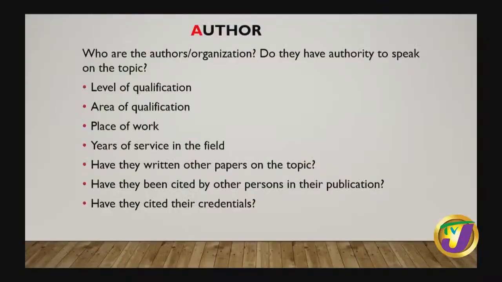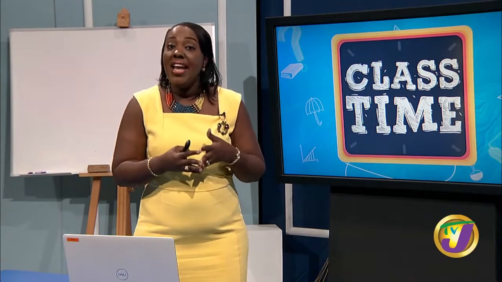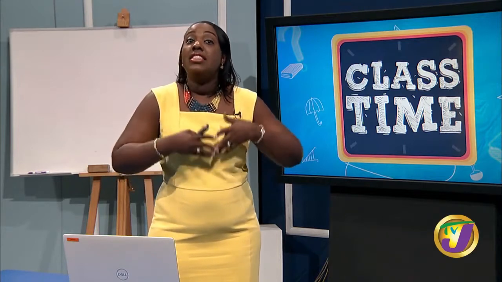And then we're on to our first A in TARP, the author. What do I mean by the author? I want to explain to you, students, sometimes you find an article, you will find persons' names who definitely are considered the authors. However, in some instances, it's the organization's name that is there.